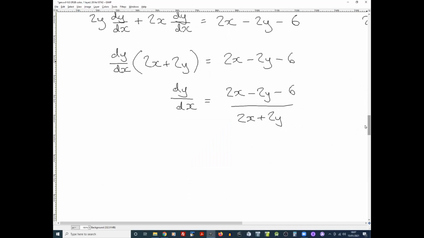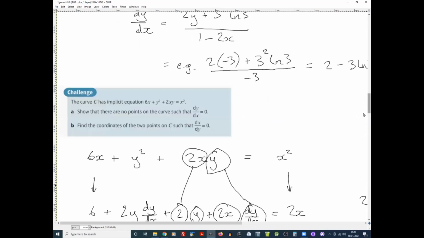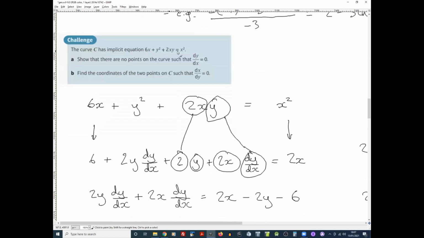And now I see what's challenging about it, because I'm not sure I can see that. How we know that that implicit equation there might be an ellipse, I think.